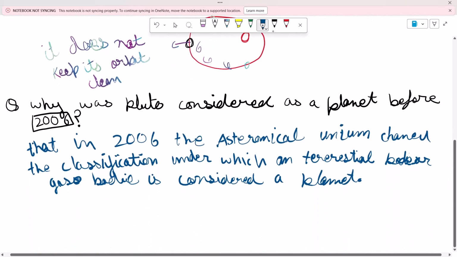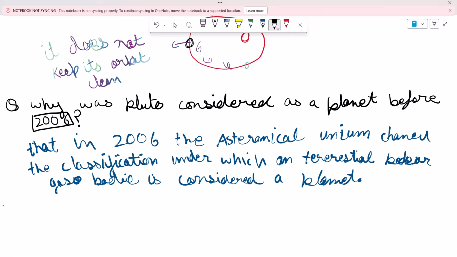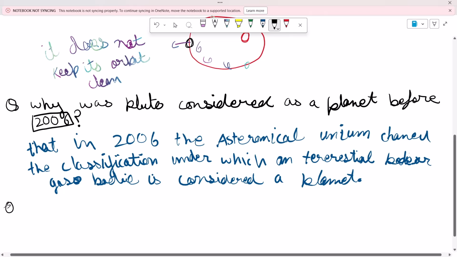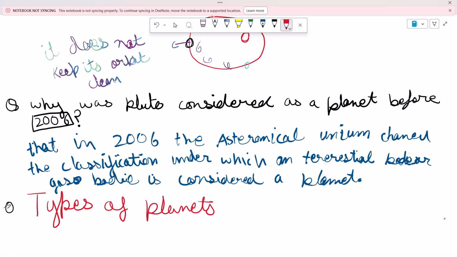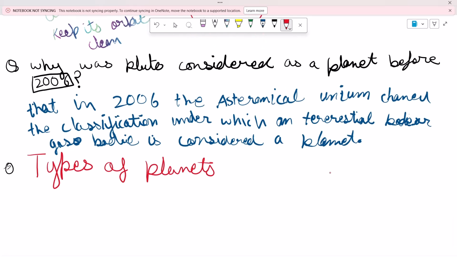Now, moving further, types of planets. There are five main types of planet, as I have already discussed.